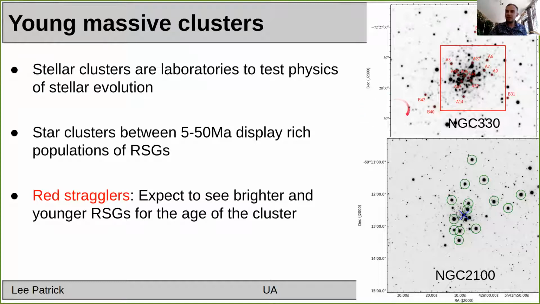In fact, these two star clusters that I'm showing here, NGC 330 in the Small Magellanic Cloud and NGC 2100 in the Large Magellanic Cloud, show around 20 red supergiants each. And from an identification of red stragglers point of view, what we're expecting to see is some stars that appear too bright for the age of the cluster.